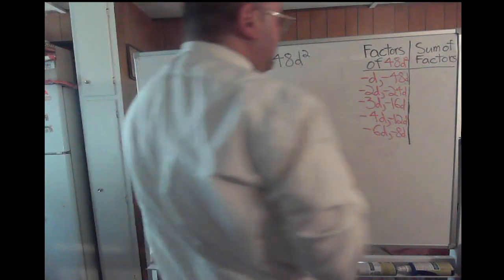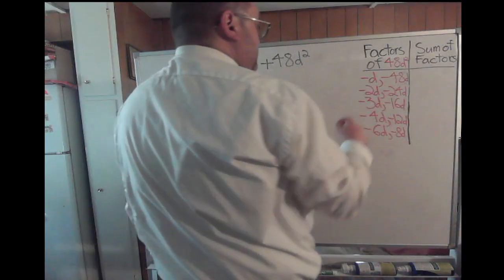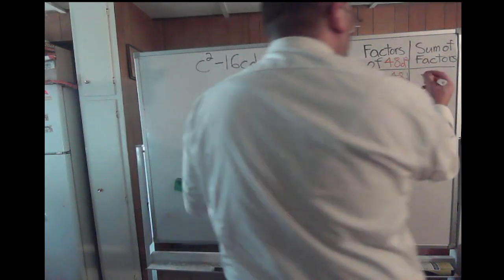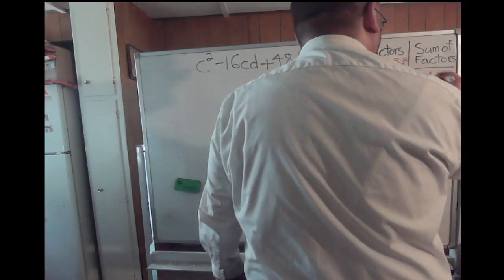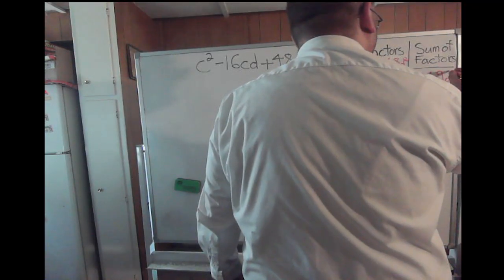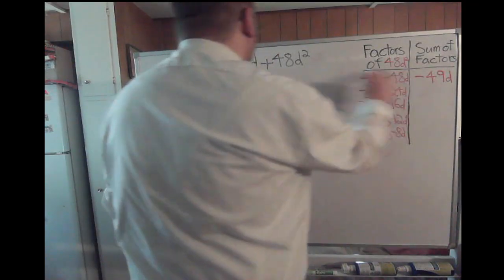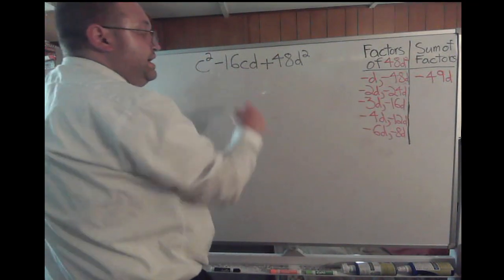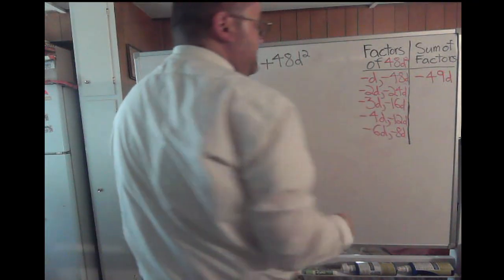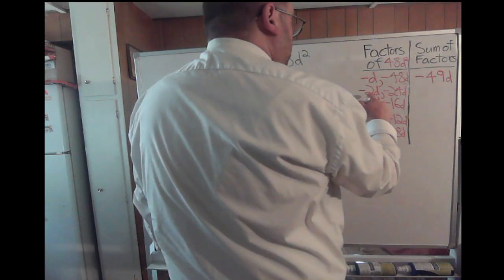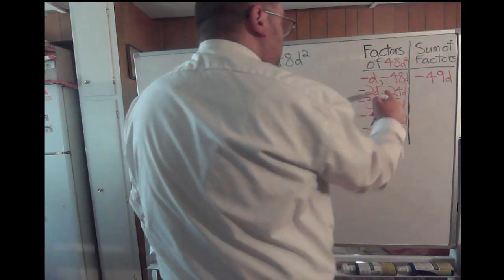Alright, so when we add these together, negative d plus negative 48d gives you negative 49d. Well, it gives you a coefficient of negative 49. We need negative 16, so negative d and negative 48d aren't going to work. You have negative 2d and negative 24d.